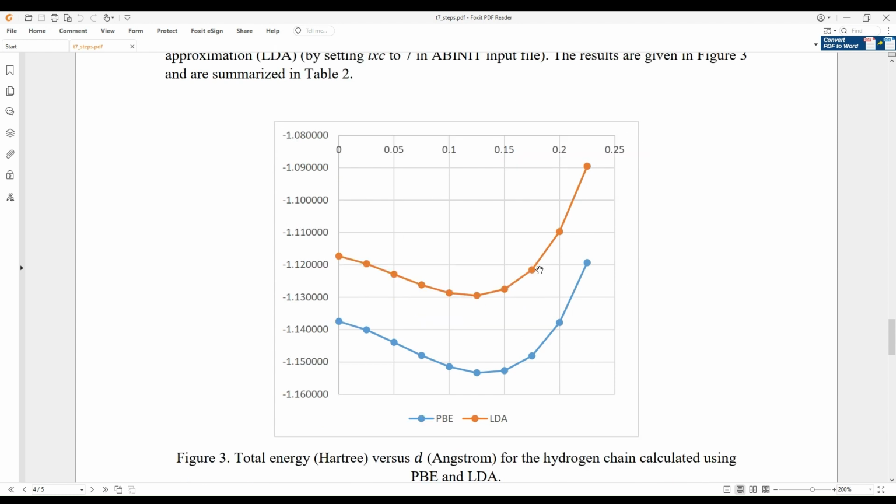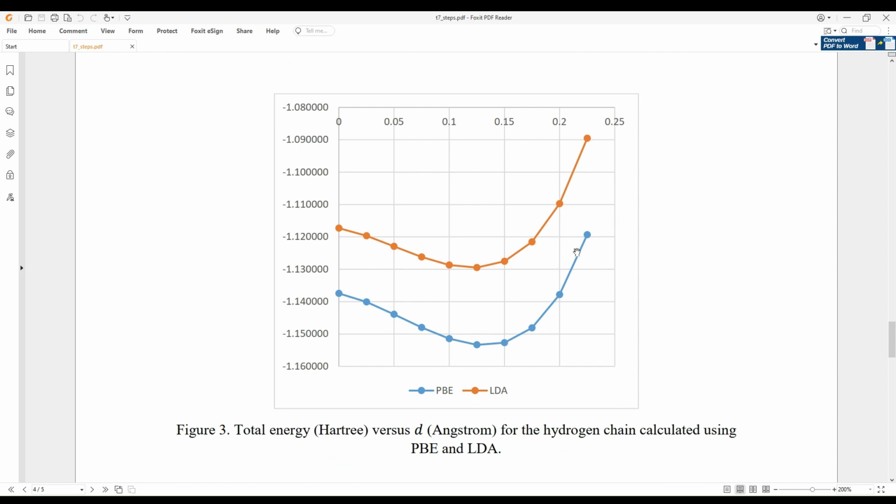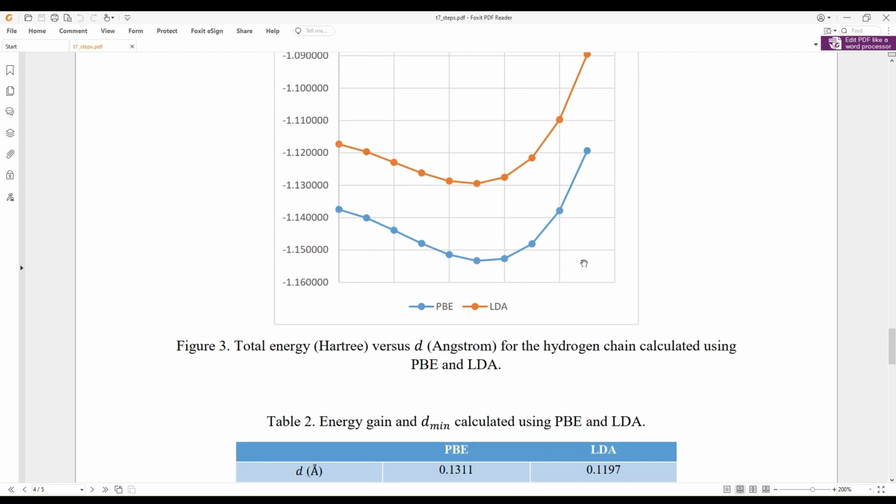And you can see here, the blue line is the PBE that we obtained in the past, and the orange line is the LDA we obtained now. You can see that your D minimum value becomes smaller, and also your energy gain becomes smaller as well.